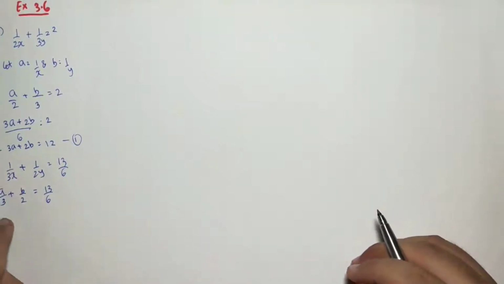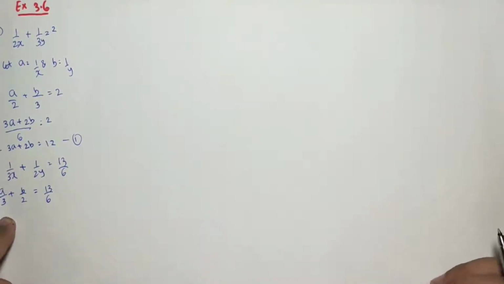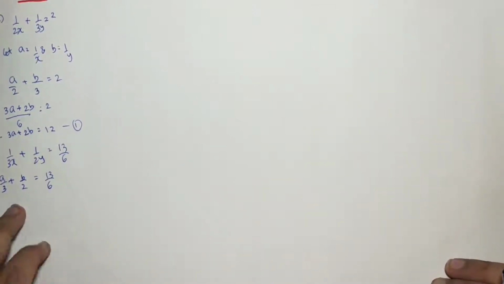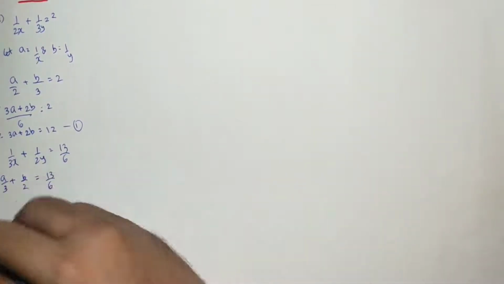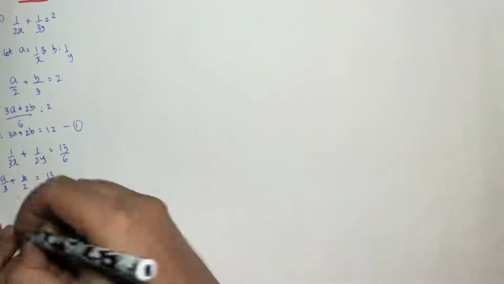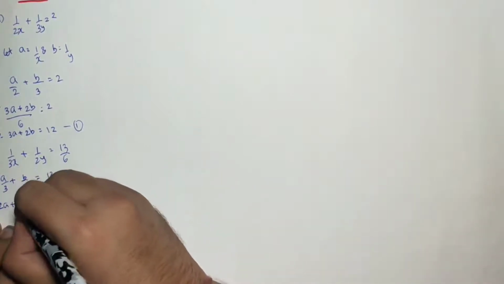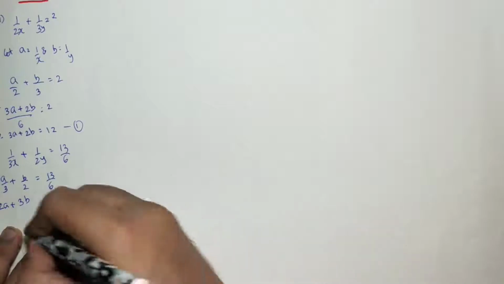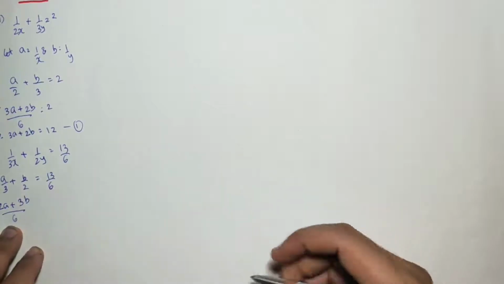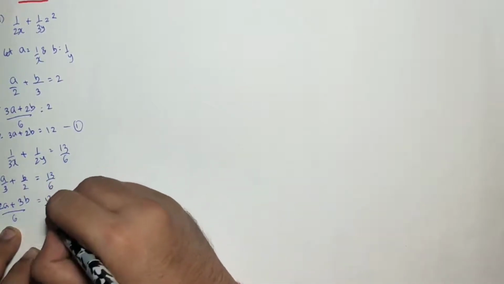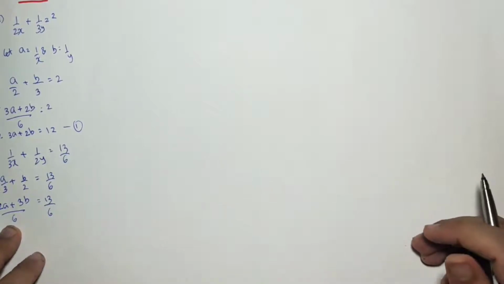I have taken 1 by x as a and 1 by y as b, so this equation is formed. Again taking LCM, 3 and 2, the LCM will be 6. So 2a plus 3b whole upon 6 equals to 13 by 6.